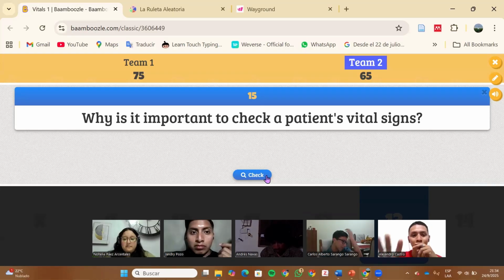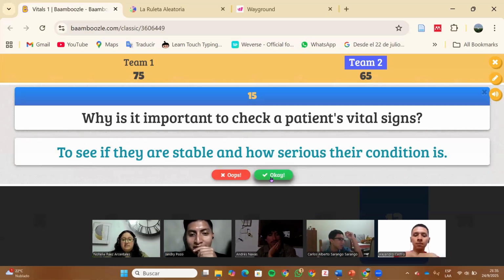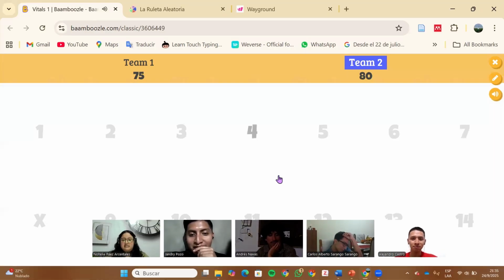It is also to make sure what procedure the paramedic is going to do. You can know what you can do depending on their signs. So to see if they are stable, so that's what you said, Alejandro, and how serious their condition is. So that is okay for you guys.